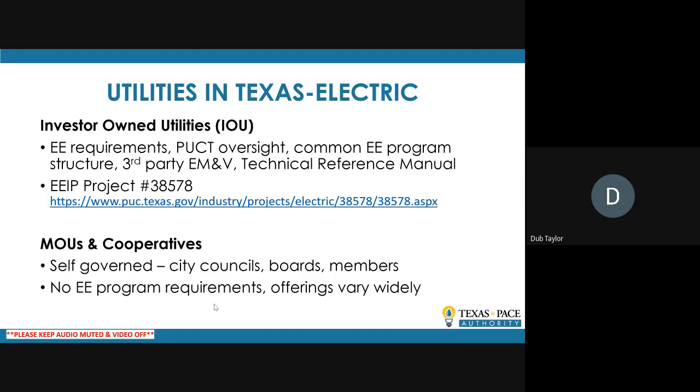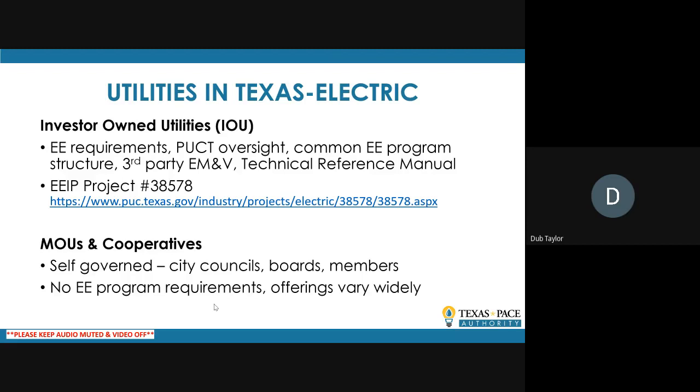When we moved to retail competition back in actually 2001, even though the change in law was done in 1999, it determined that the wires companies that were part of the integrated investor-owned utilities were still going to be subject to regulation, because there was no need to have two sets of wires going down to serve a neighborhood, and being essentially a kind of a common carrier, more of a common asset with a monopoly service territory.